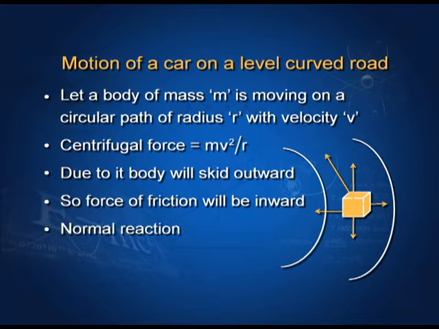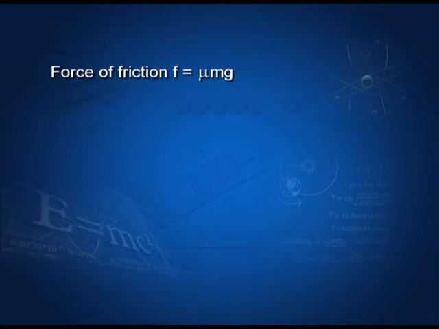Normal reaction offered by the ground to the car is R equals mg. Force of friction is F. So, F equals mu into R, F equals mu into mg.